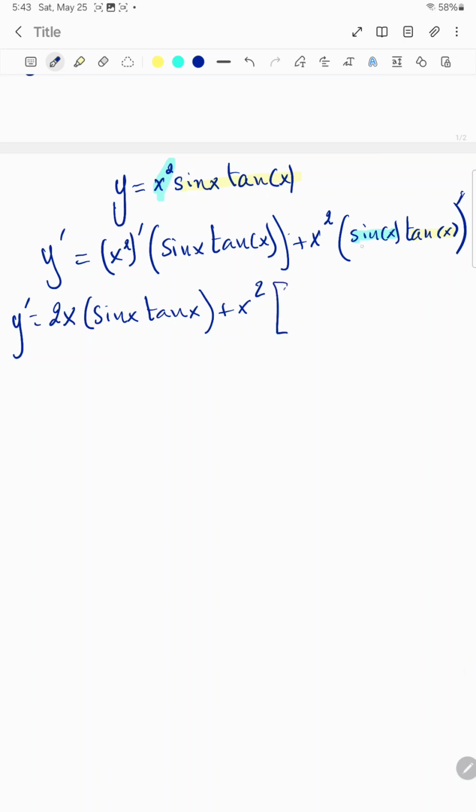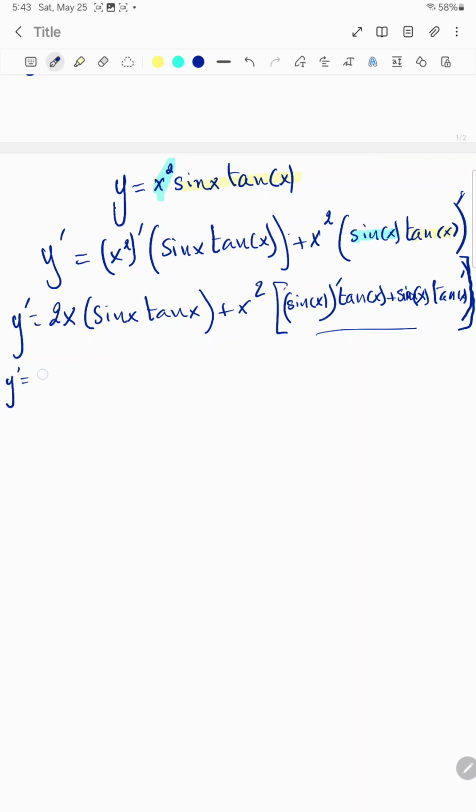It is u prime v, which is sine of x prime times tan of x, plus u, which is sine of x, times tan prime of x. And now let's derive the interior of the big bracket.